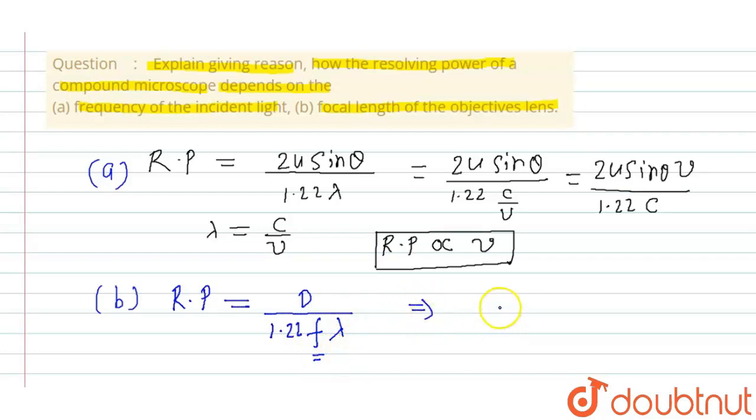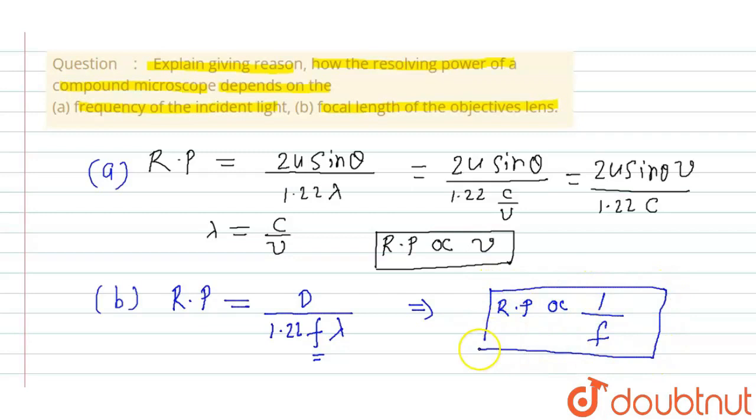So we can say resolving power is inversely proportional to focal length of objective lens. Hence, this is how resolving power depends upon frequency and focal length.